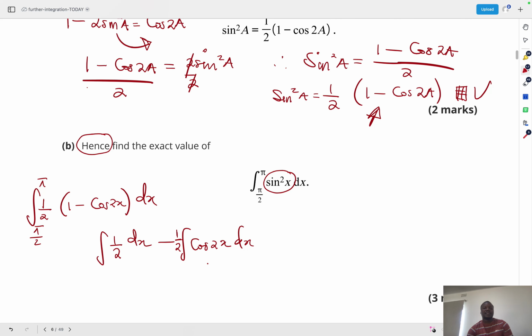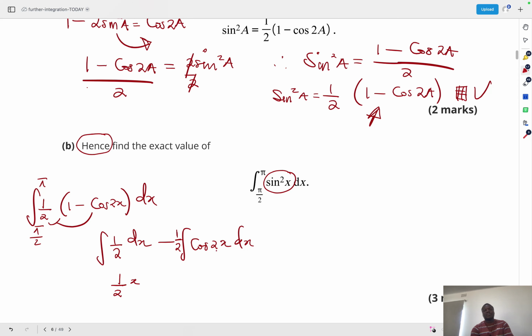Like I said, this is just one way in which we can distribute the half and then integrate these independently. So the integral of half, obviously, is just half x. We already know this.